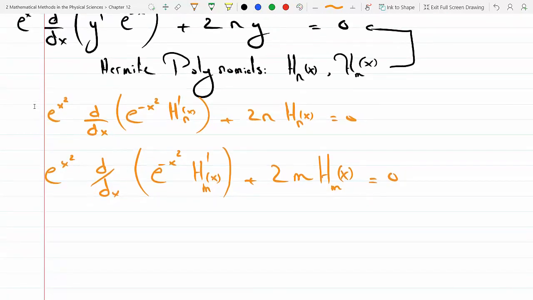Now the trick is to multiply the first one by Hm and the second one by Hn.